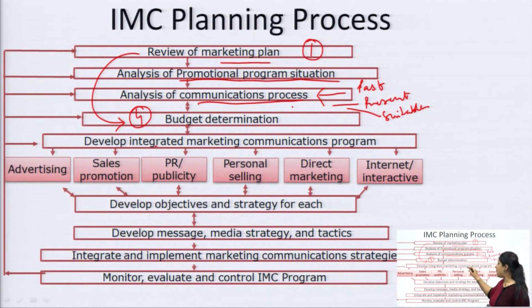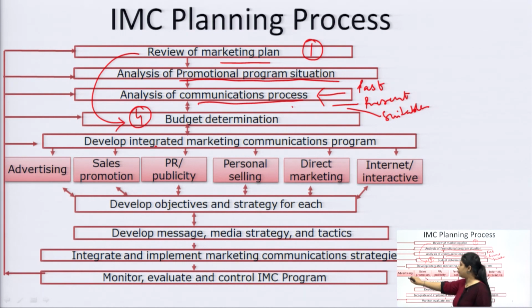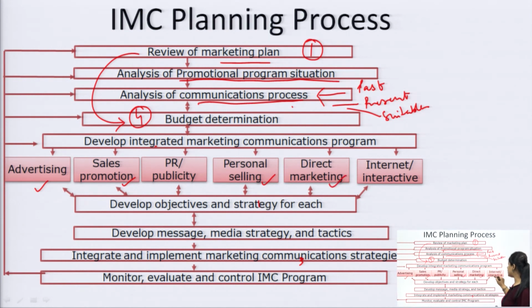So we develop an IMC program, integrated marketing communication program, in which we decide upon the budget and the activities under advertising, sales promotion, publicity, personal selling, direct marketing, and interactive or internet marketing. For all these elements we develop an objective and strategy for each.